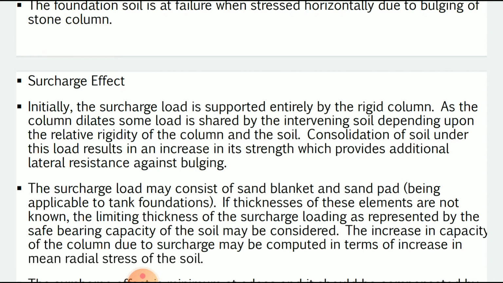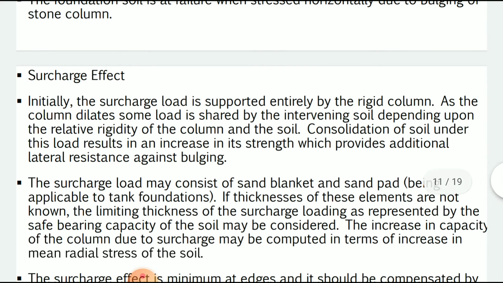The second point about the surcharge effect is that the surcharge load may consist of a sand blanket and sand pad, applicable for tank foundations only. If there are tank foundations given in your problem, at the same time you have to think about the surcharge load which may consist of a sand blanket and sand pad.